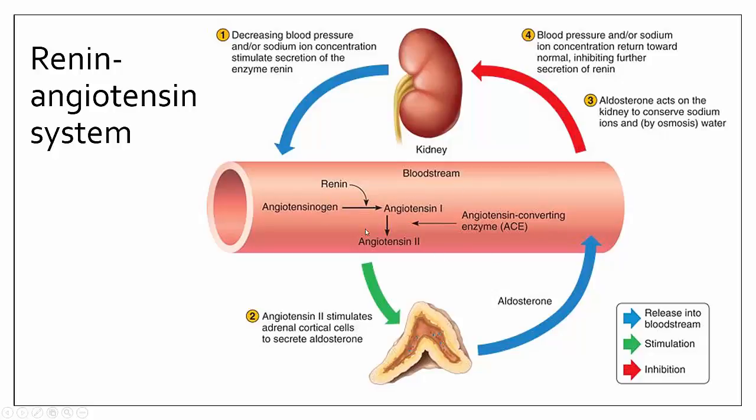This process happens in the blood. Angiotensin stimulates the cortical cells of the adrenal gland to secrete aldosterone. Aldosterone causes the kidney to conserve sodium. If you're conserving extra sodium, then you're going to conserve water. And that is the pathway of the renin-angiotensin system.